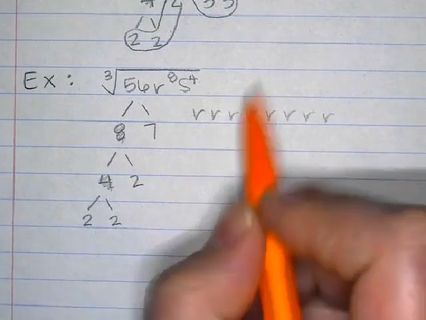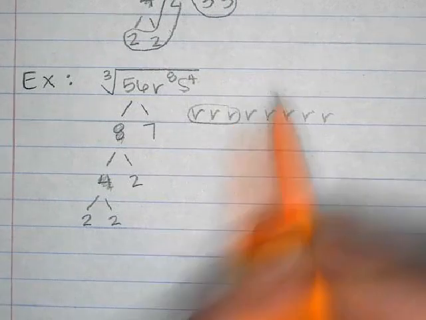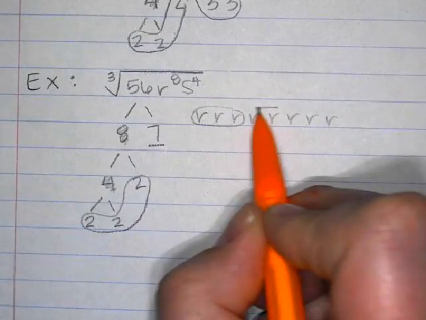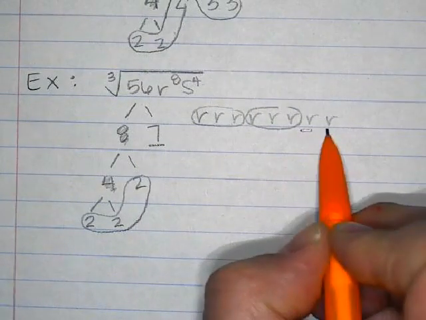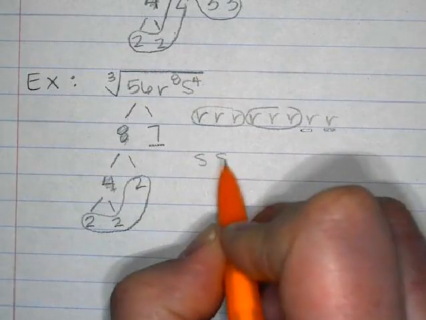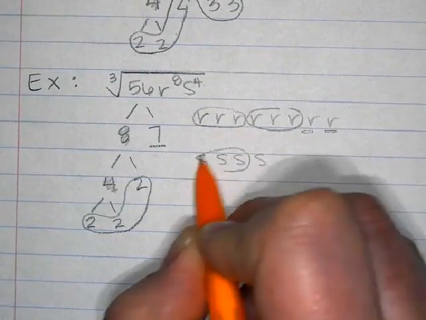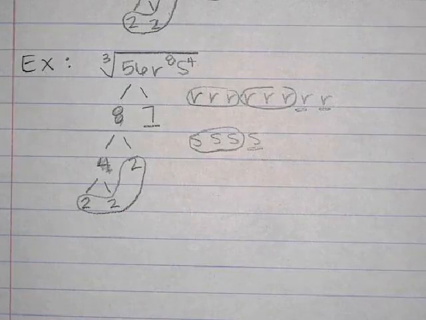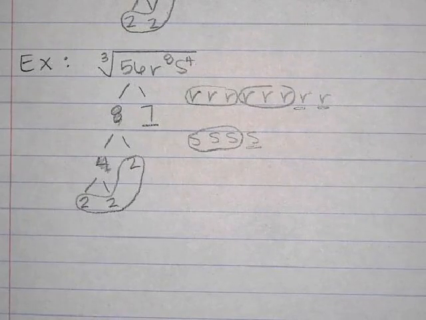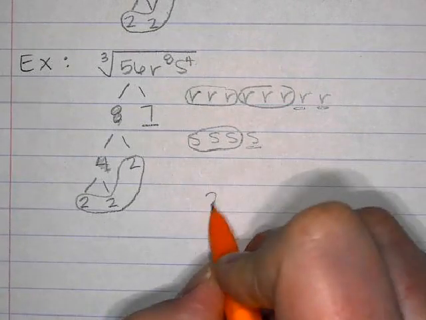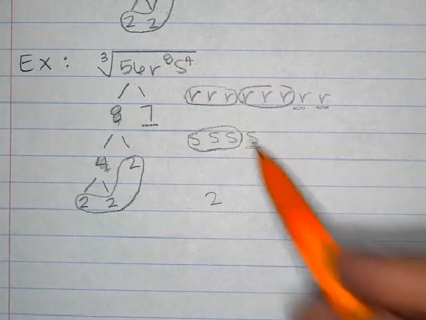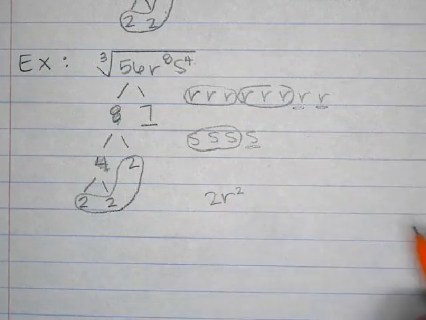Oh, I could circle my triples over here too. Got a triple and a leftover. Okay. And then 1, 2, 3, 4. Triple and a leftover. Okay. So if I look at all of my triples, what should I have out in the front? 2, r squared, s.